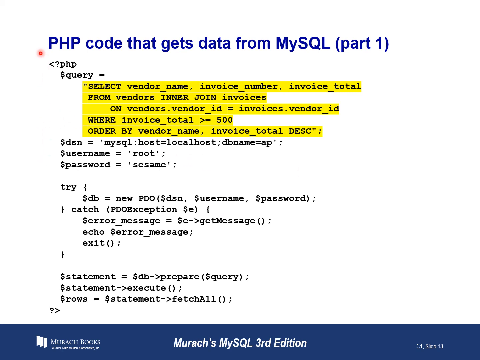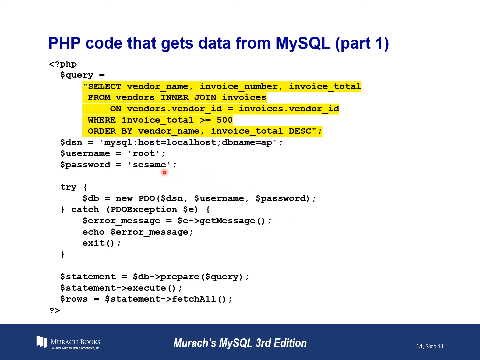When you're writing PHP code, it starts with the less than symbol, a question mark, and then PHP. This is the start tag for PHP, and it ends with a question mark and then the greater than symbol. Whatever is in the middle is PHP code that can be put on some sort of website.